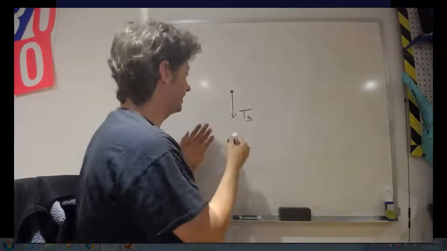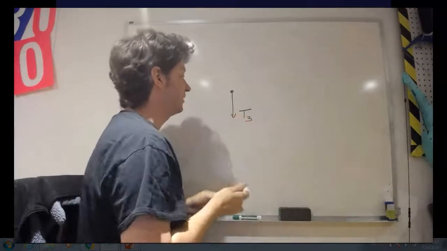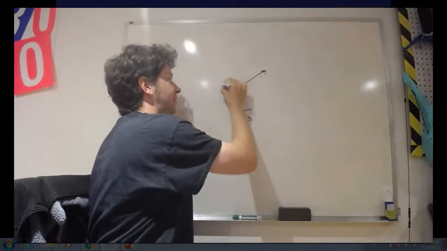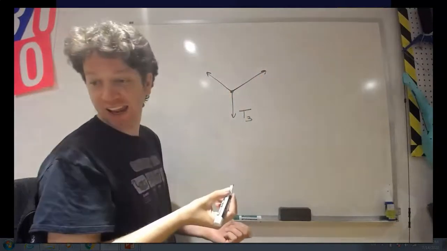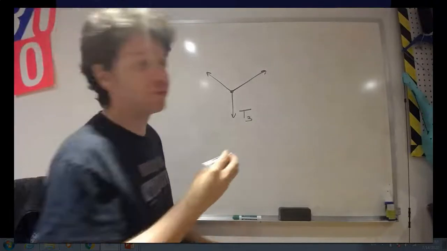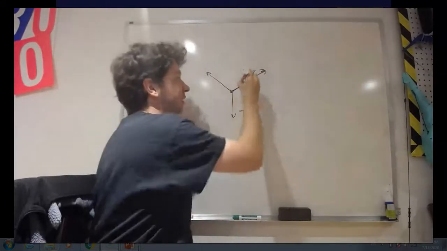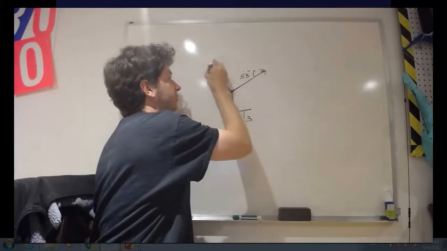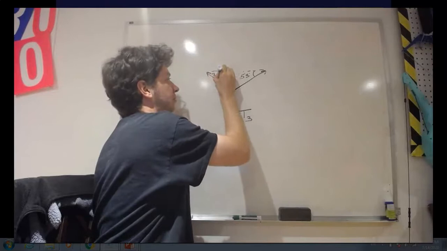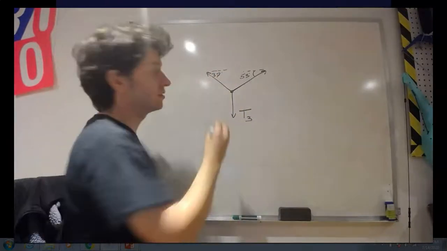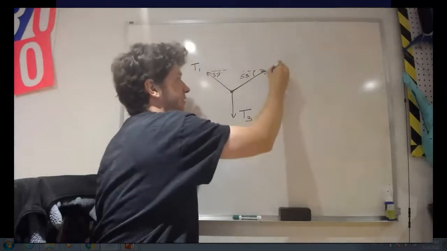So in this case, the direction of T3 is down, and then we have those other cables pulling in the opposite directions at certain angles, 53 and 37. This one's 53, and this one's 37. All right, and this one's T1, this one's T2.